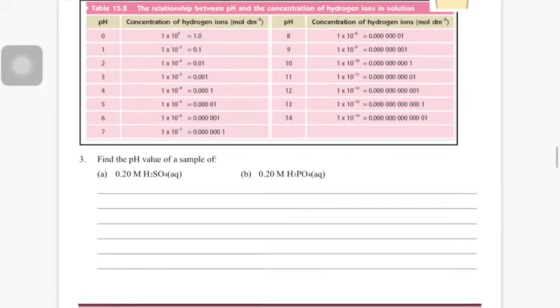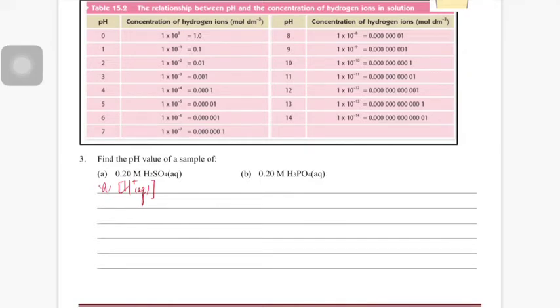And then, question 3. The pH value of a sample for these two solutions. Okay, let's take a look at part A. First we need to work out the concentration of hydrogen ion. Remember sulfuric acid is dibasic. That means one sulfuric acid would release 2 hydrogen ions.